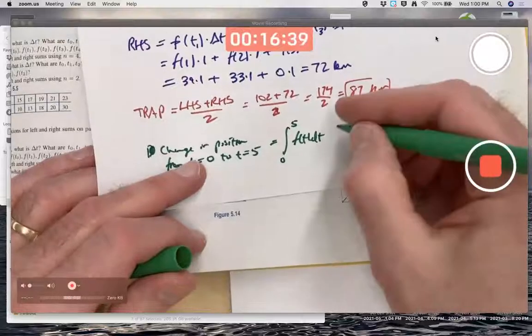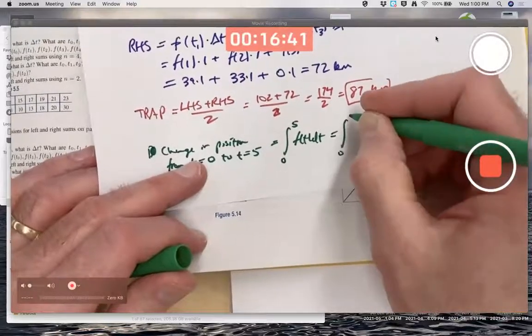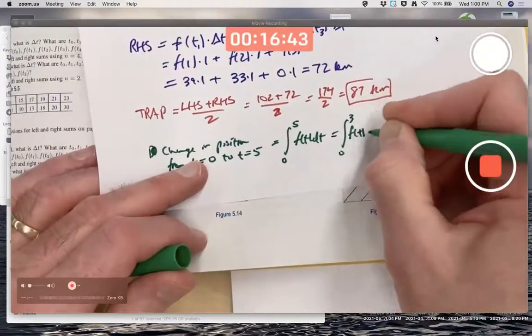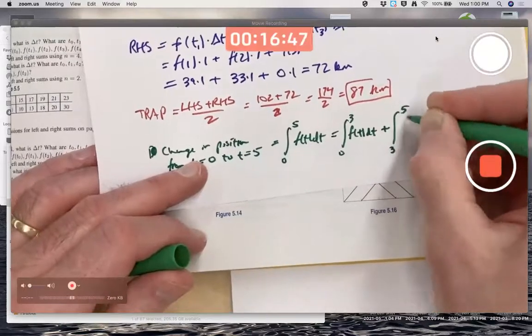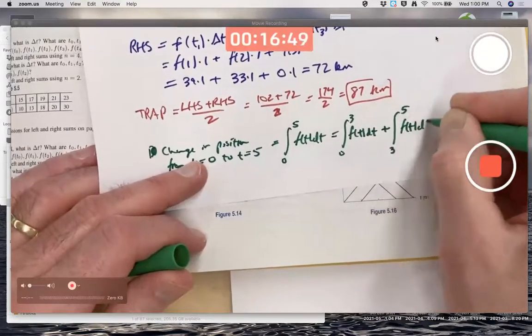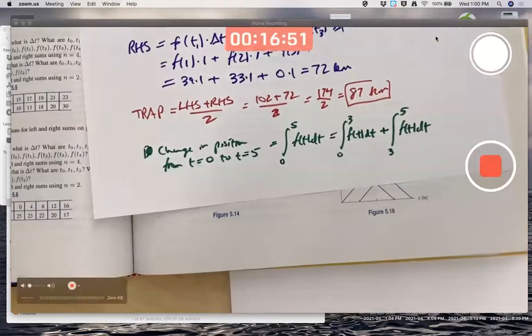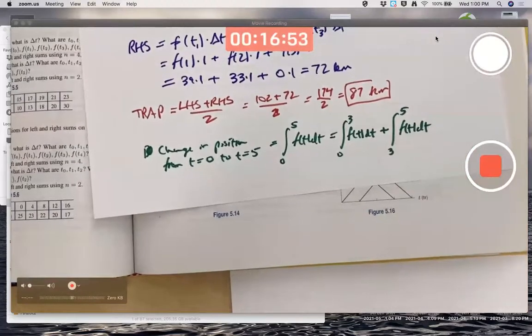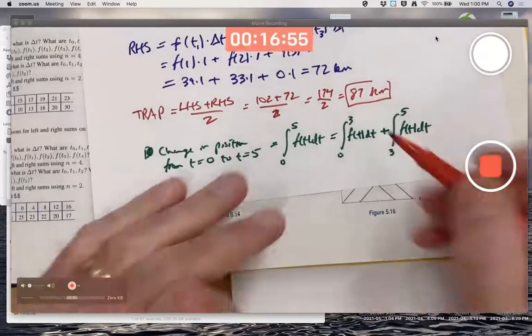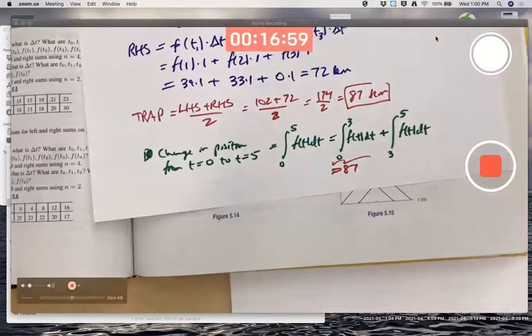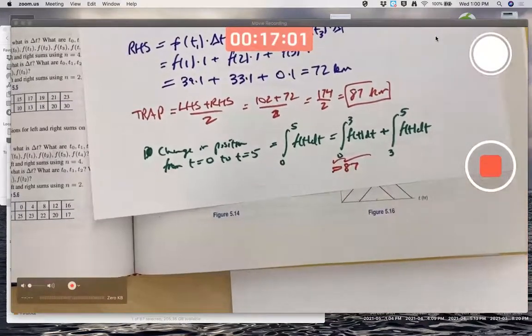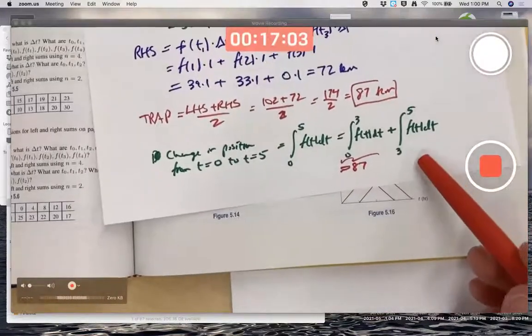We already did the integral from 0 to 3. We need to add on the integral from 3 to 5. That's a property of integrals. We already did this one. Let's go ahead and say this part is approximately, I'll go ahead and use the 87. That's approximately 87, say. But now I also need to add on the integral from 3 to 5.